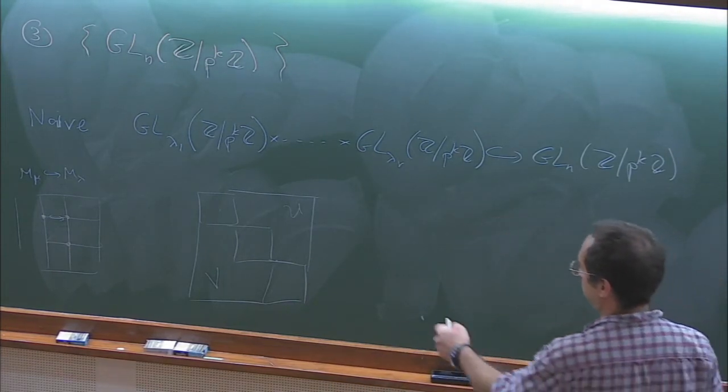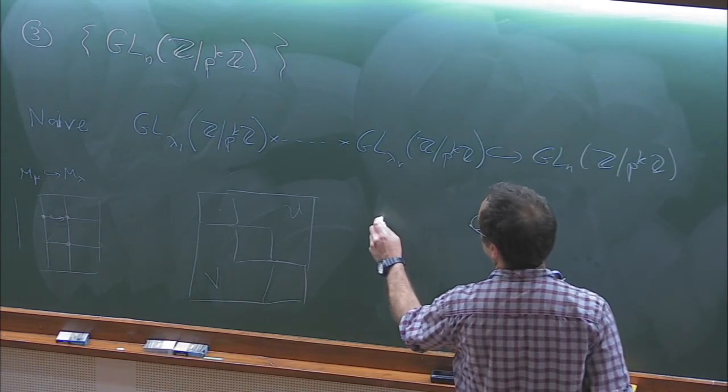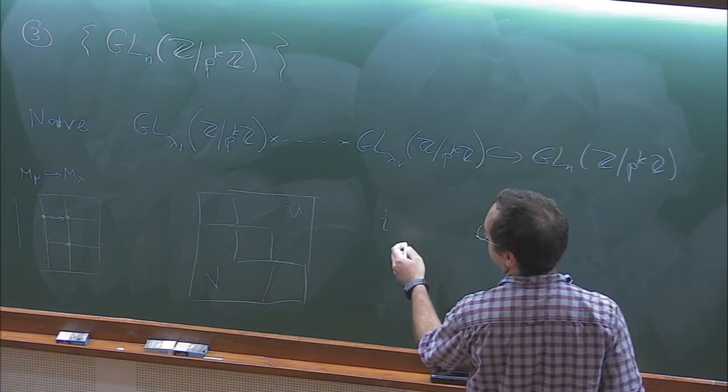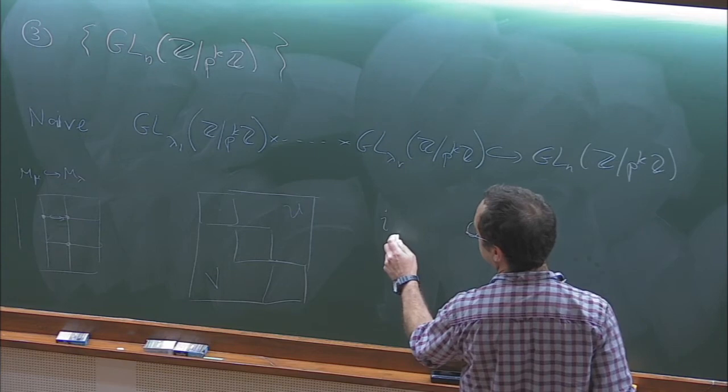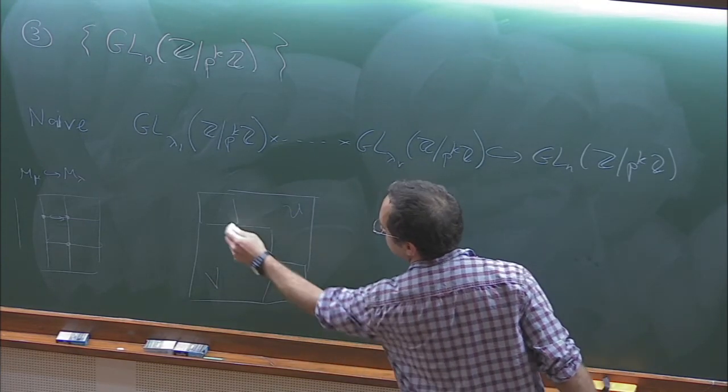So what we are going to do is the new functors that we are going to define. So these are functors that go from representations. So let's call this one L. This is the subgroup.